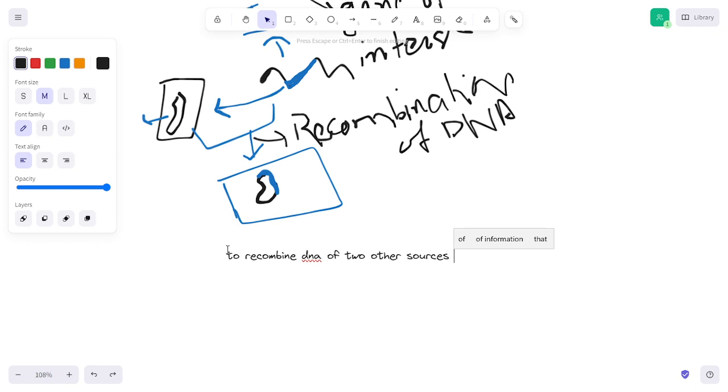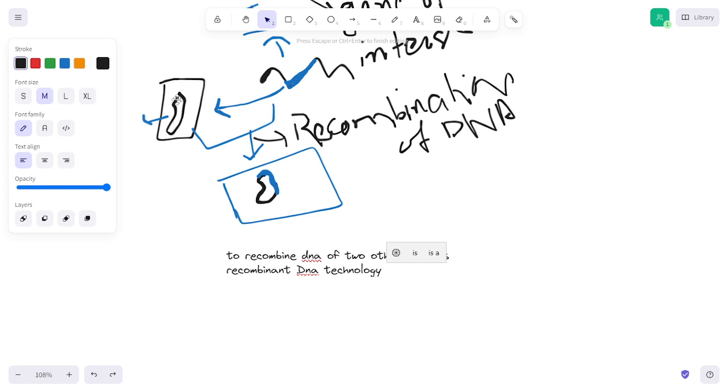To recombine the DNA of दो मुख्तलिफ सोर्सेज का DNA रिकम्बाइन करने की टेक्निक को हम बोलते हैं रिकॉम्बिनेंट recombinant DNA technology. Recombinant DNA technology is a technique which is used to recombine the DNA of two other sources.